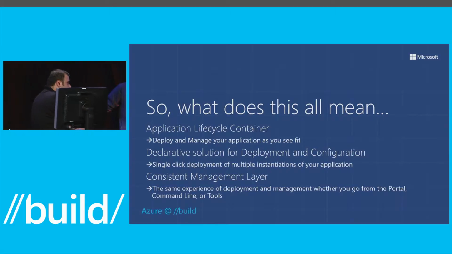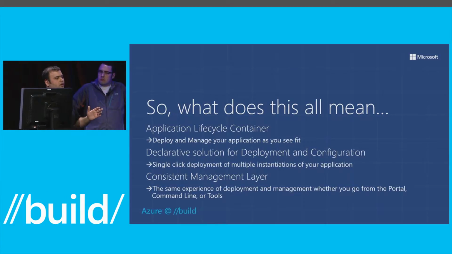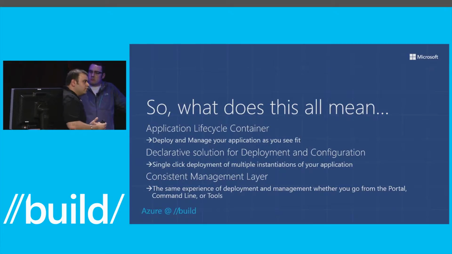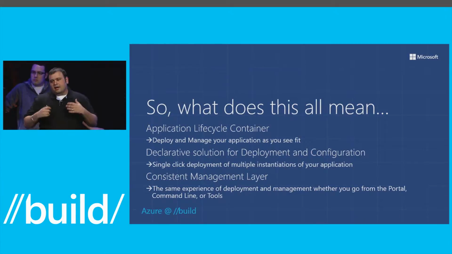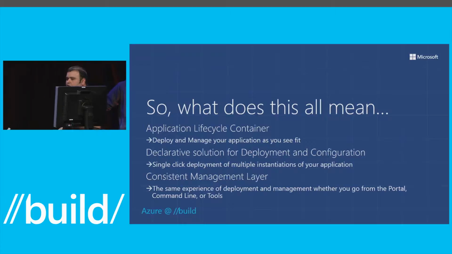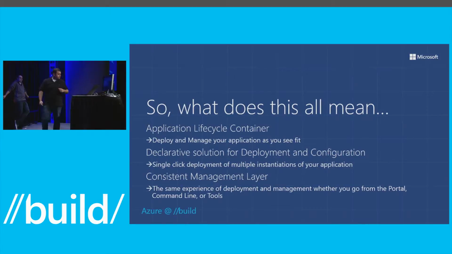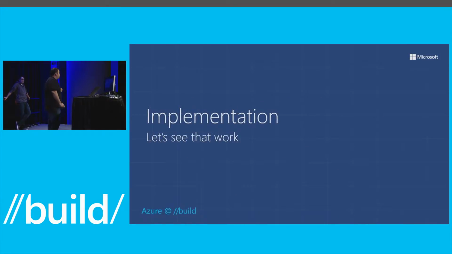And by that, I actually want to take you through some of the demos and show you that consistency and prove to you the promise of openness, flexibility, and choice that we want to offer in Microsoft Azure. All right, how about we do some demos and see how all this stuff works?